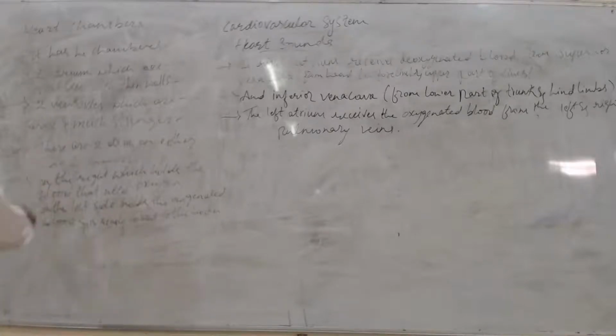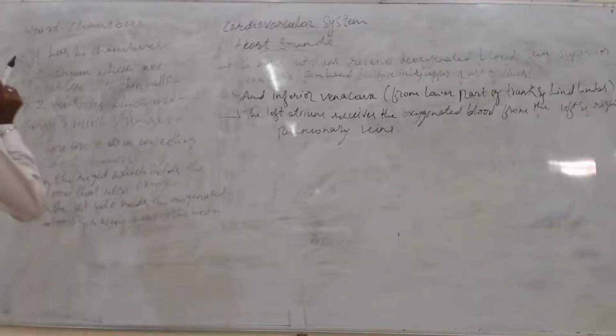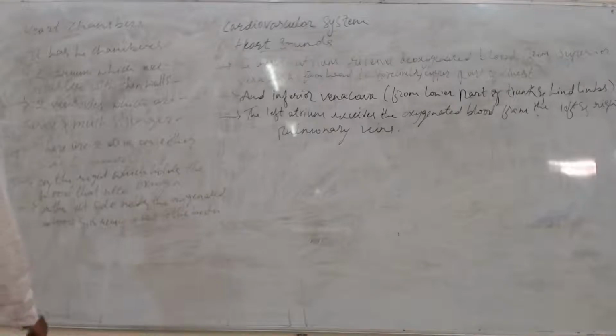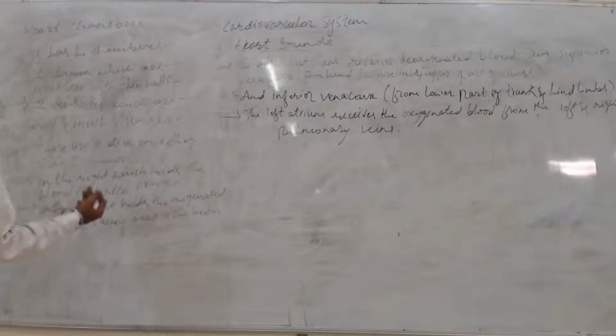There are 2 atria, one on the right side and one on the left side. The right atrium holds the blood that needs to get oxygen, and the left atrium holds the oxygenated blood which is ready to be sent to the different parts of the body.